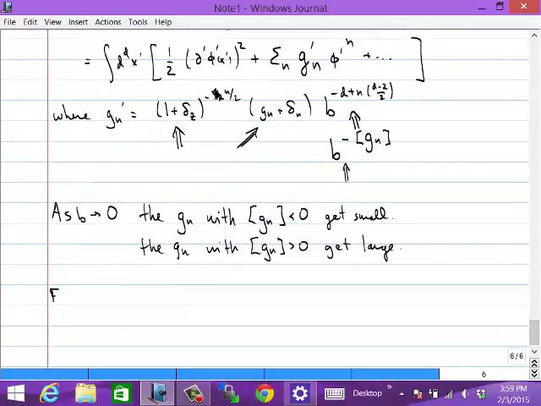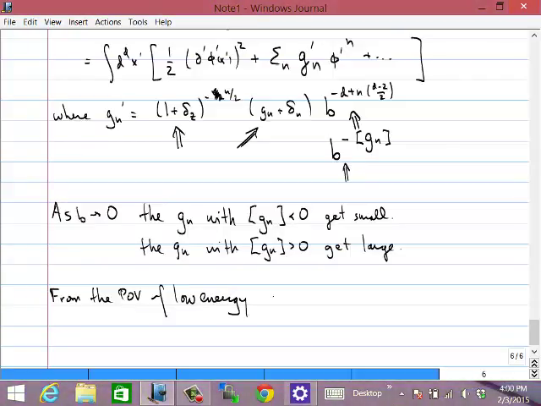So, from the point of view of low energy physics, operators or terms in the Lagrangian where the couplings have negative mass dimension are irrelevant.